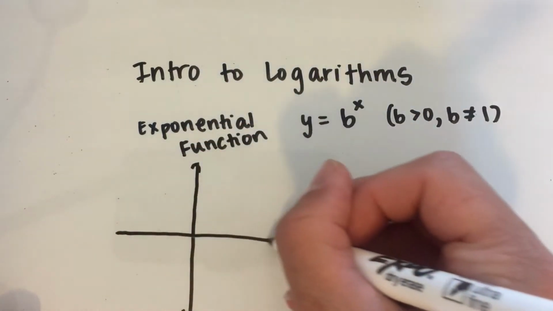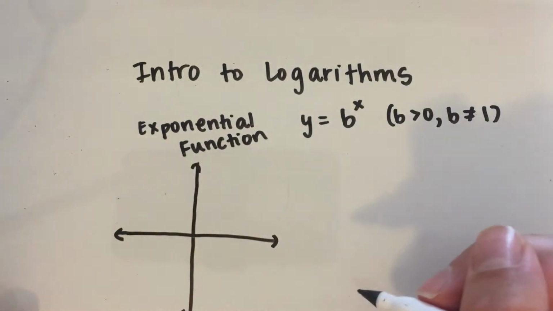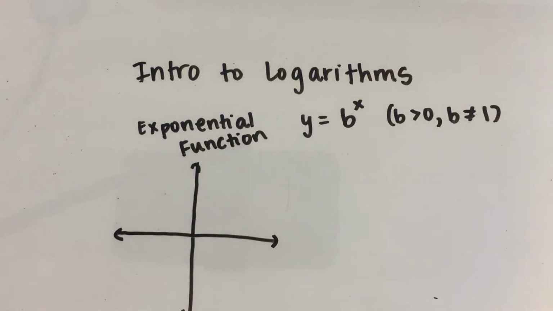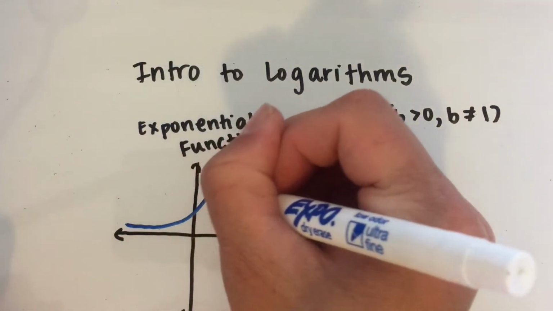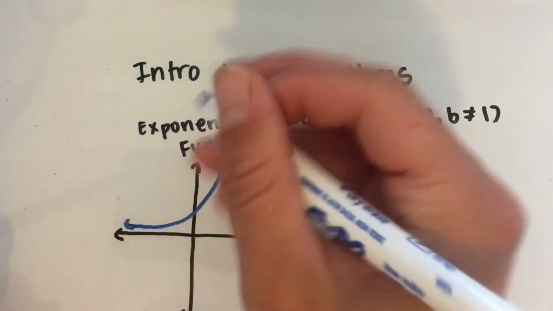So on the graph, we're going to have the point 0, 1, because when we plug in x equals 0, our y will always be 1, no matter what our b value is.